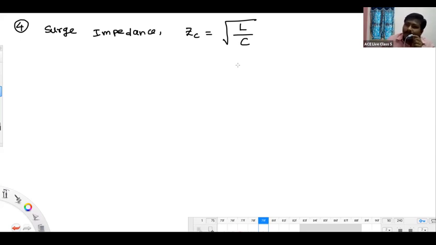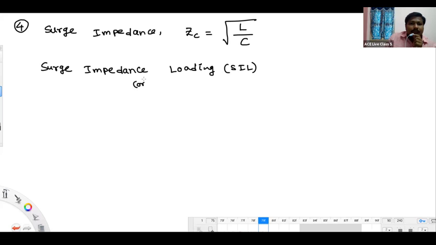And we have one more term like surge impedance loading, or you can say ideal power transfer capacity of the system. So I'm writing here surge impedance loading, in bracket SIL, or we have one more name, ideal power transfer capacity.